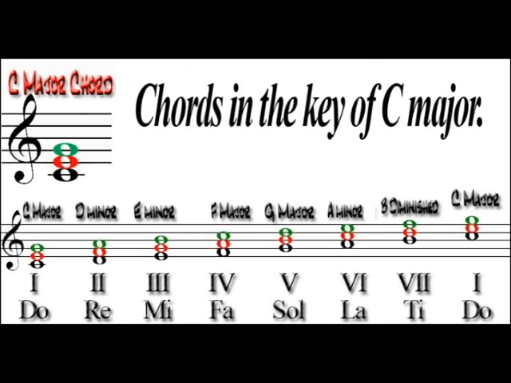I've harmonized every note in the scale by thirds. I wind up with 1 major, 2 minor, 3 minor, 4 major, 5 major, 6 minor, 7 diminished, and 1 major. Those are the chords in the key of C. That is harmony by thirds, also called diatonic harmony.